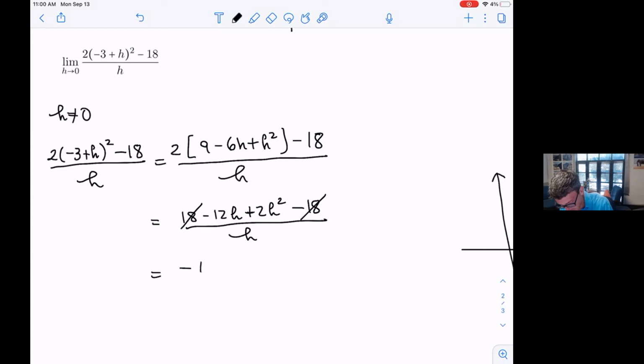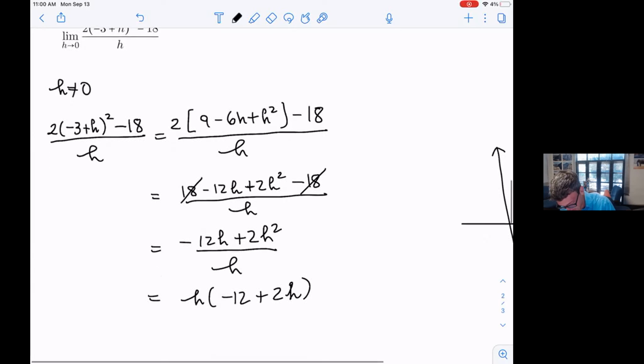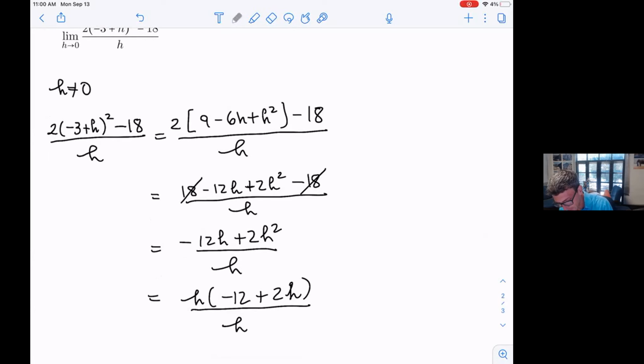So I'm going to factor, I'm going to get negative 12h plus 2h squared over h. And now I'm going to do one last simplification. I'm going to factor out an h here over h.